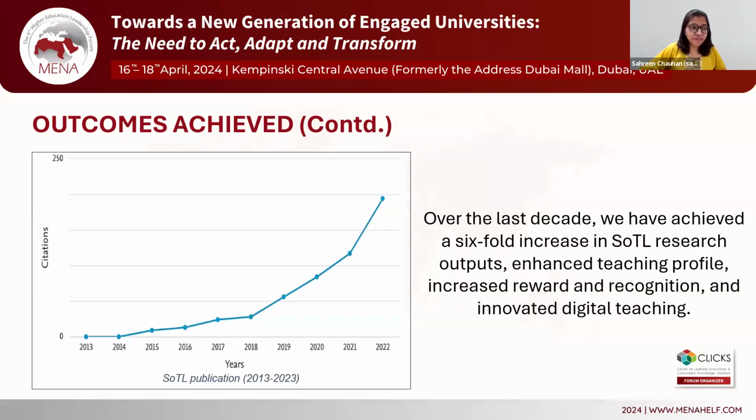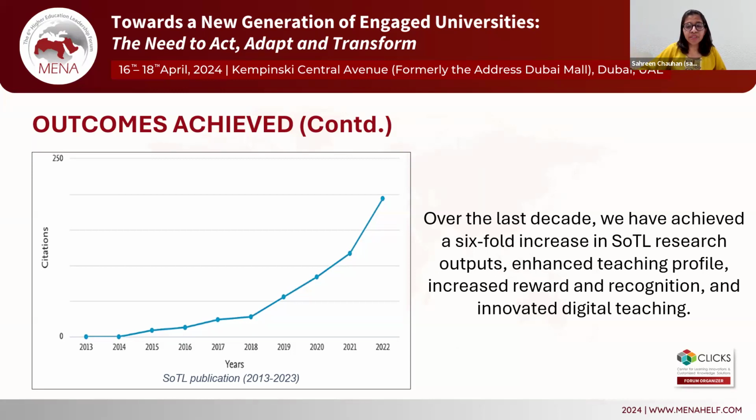This is another graph showing an upward trend in Scholarship of Teaching and Learning publications over the 10 years since we were established. You can see we have achieved a 6-fold increase in research output over these 10 years.